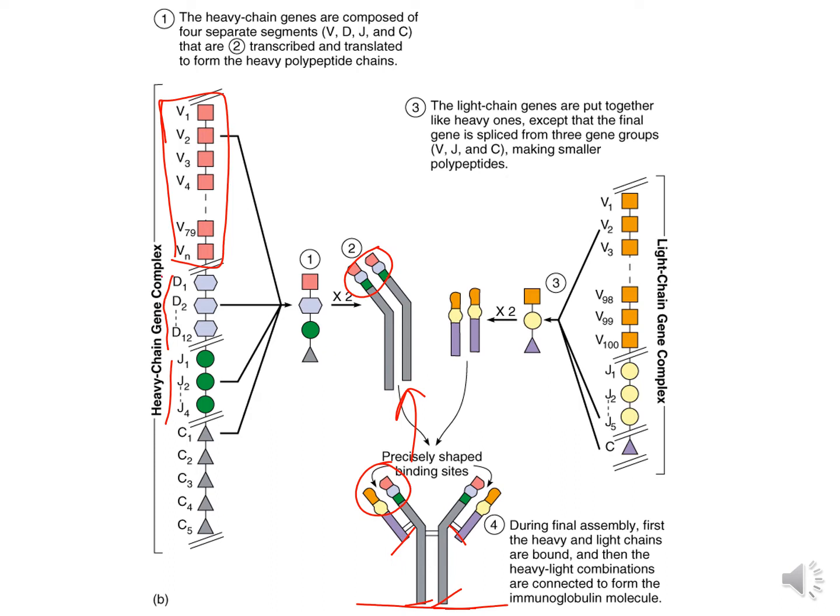For the D region, there are 12 different genes, and you would select one. For the J region, there are 4 options for the genes for the structure of the J region. So during genetic shuffling, it is randomly determined which of these genes will actually encode for those regions.